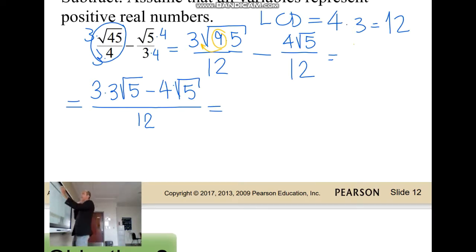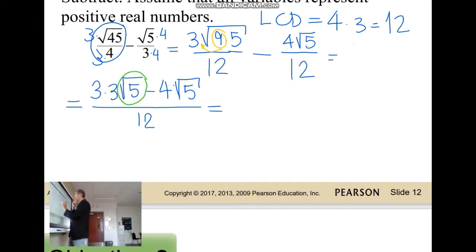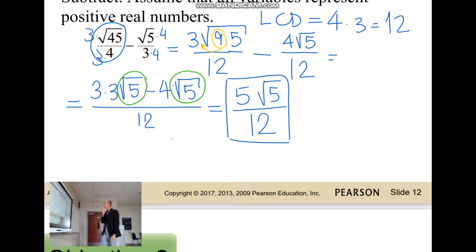Those are like radicals, same index, same radicand, so we can combine the coefficients. 3 times 3, 9, 9 minus 4, 5. Keep the square root of 5 over 12, and this is the solution for this simplification.